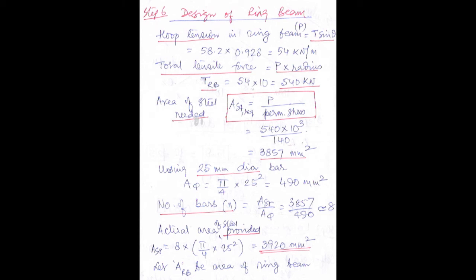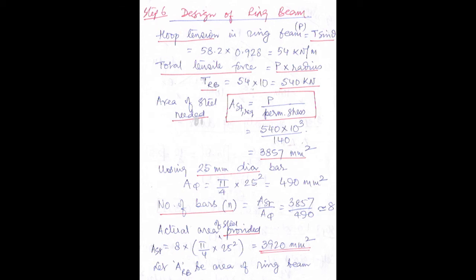Now how can we find the total tensile force? The hoop tension we found is per meter length. If we want to find the total force, we have to multiply it by the radius. So T_RB, the total tensile force, will be P, the tension, multiplied by the radius.